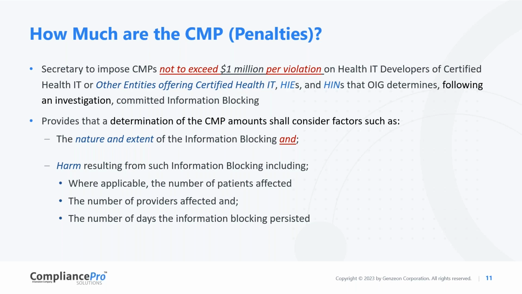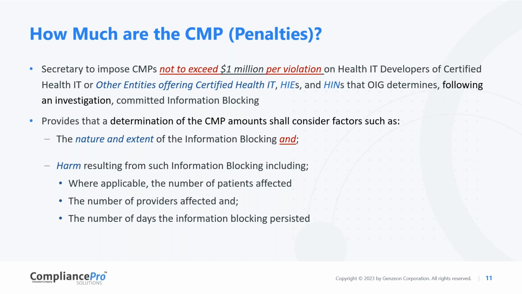That would be the type of violation that possibly could be considered for one of these $1 million penalties. You got HIEs and HINs, they have administrations and networks. Those organizations are subject to these fines. But what if you're a provider of care, not just participating, but that you own it, that you're considered an HIN?